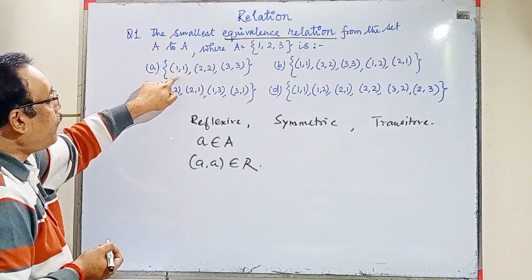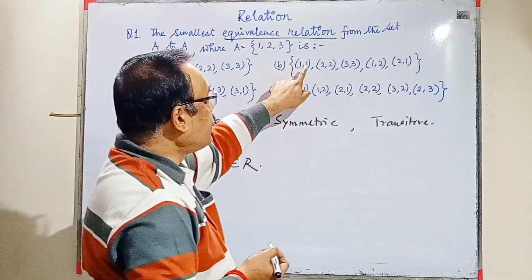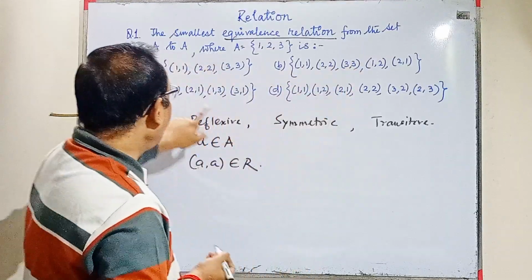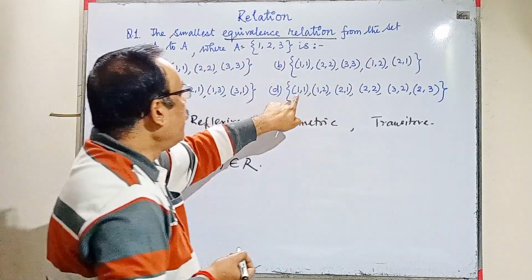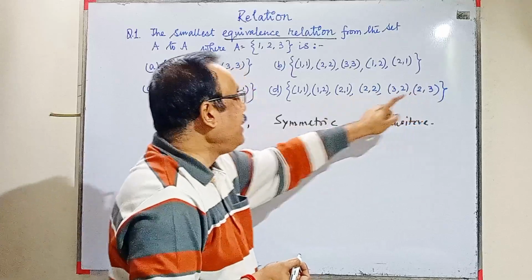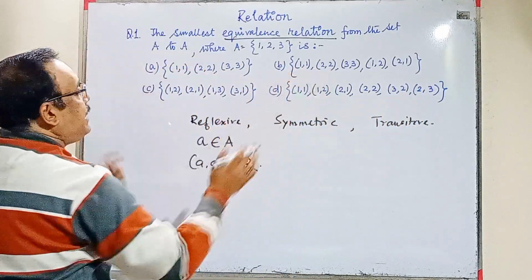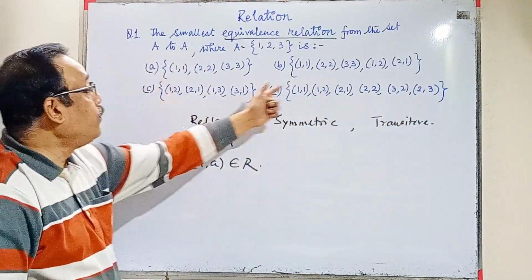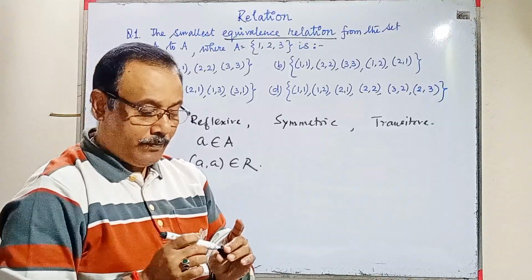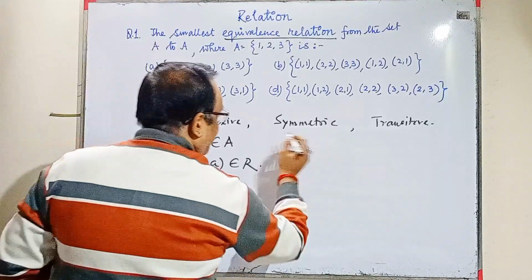Here we have (1,1), (2,2), (3,3). Here also. Here, we don't have them. So we can straight away delete C and D, because these two cannot be reflexive relations.